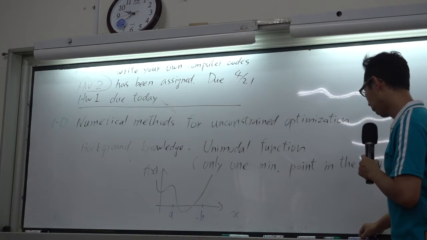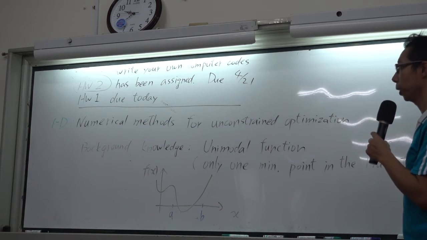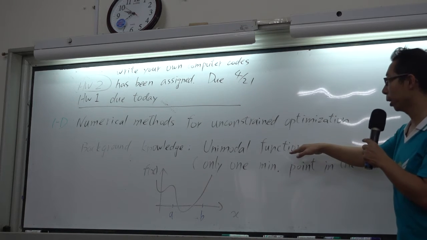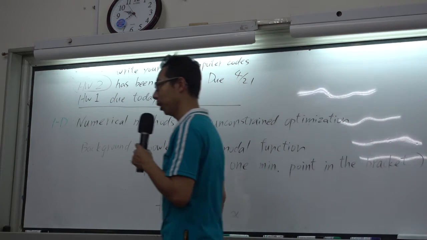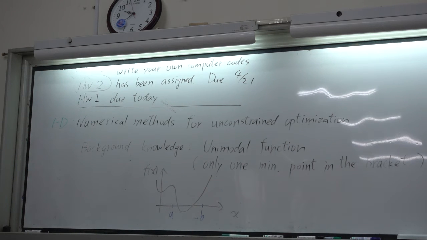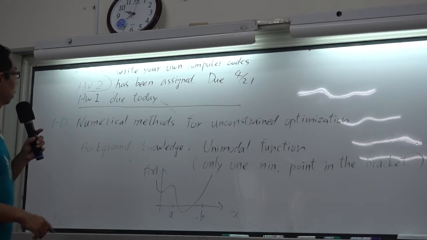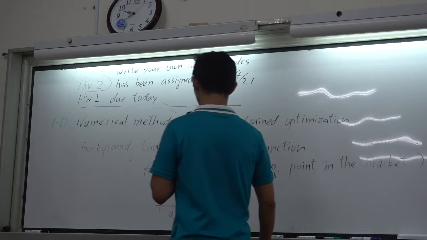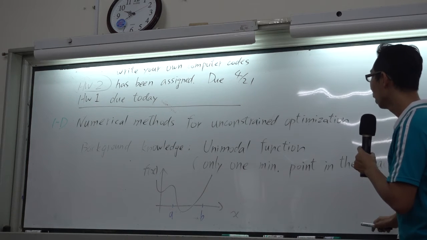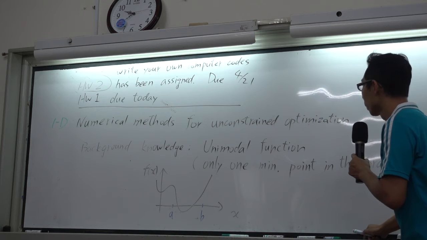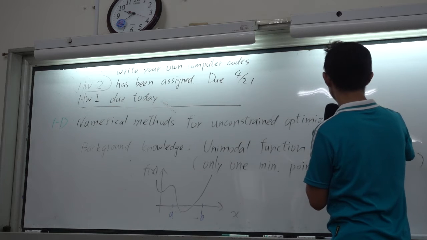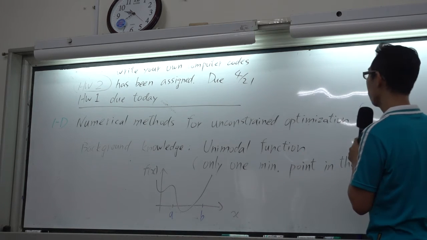So with this background knowledge of unimodal functions, what is the good thing about assuming that we have a unimodal function? Let me write down over here. For one-dimensional methods, there are basically two kinds of methods.